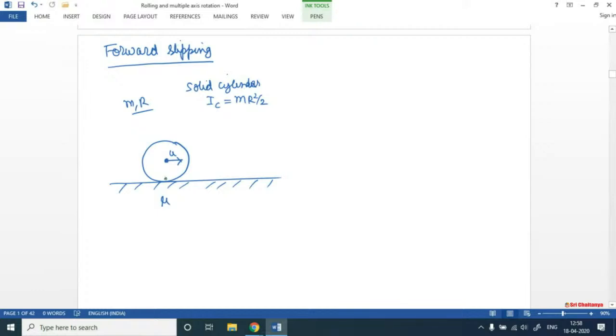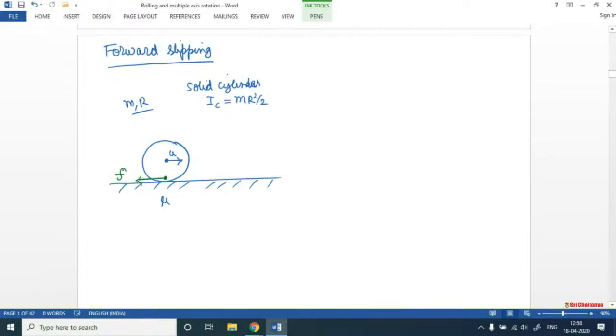This point of contact, due to translation, has its velocity in the forward direction, same as the velocity of its center. So this has a tendency to move forward, so there would be friction which will try to oppose its motion, and that will act in the backward direction.